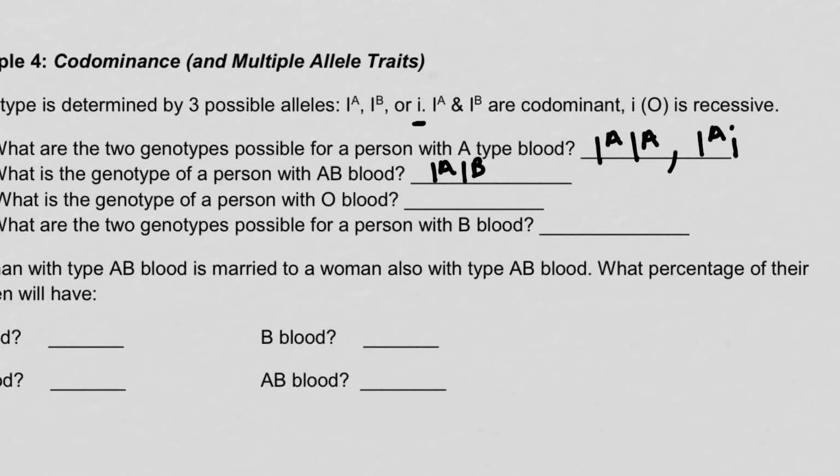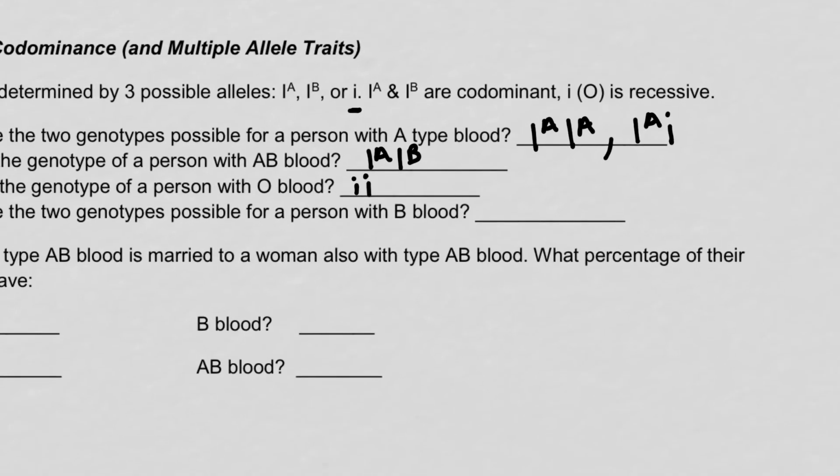And for O blood, and for B blood, there's 2 possible combinations, the same as with A. And so this is the situation that's codominant. And it's considered multiple alleles because there's the A, the B, and the recessive, which is essentially the O.